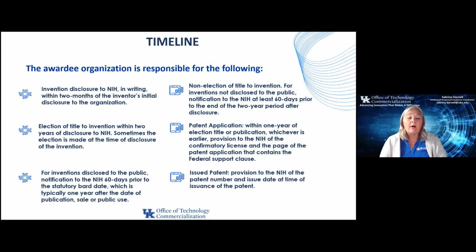So this is all of the filing of the disclosure. We can request extensions of time for disclosure, election, and so forth, and I haven't had or heard of them declining any of them as long as you've requested it.